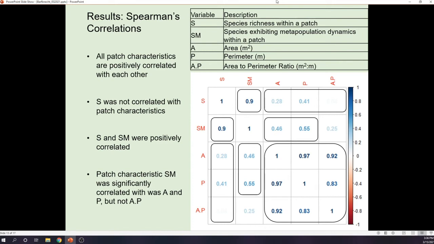Again, area and perimeter tend to be weakly positively correlated with that, but with area to perimeter ratio, there's not a significant positive relationship. So it's possible that species that exhibit these dynamics are not selective to sites based on their irregularity of shape.